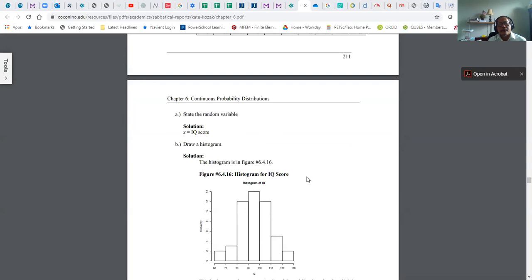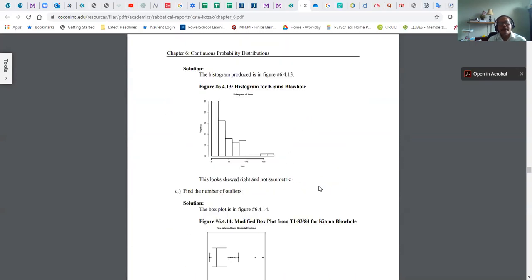Using the graph, you can see if the distribution is normally distributed or not, or you can use a box plot.